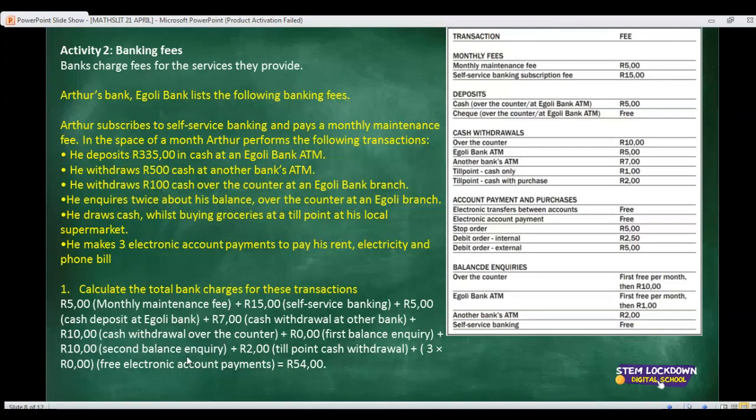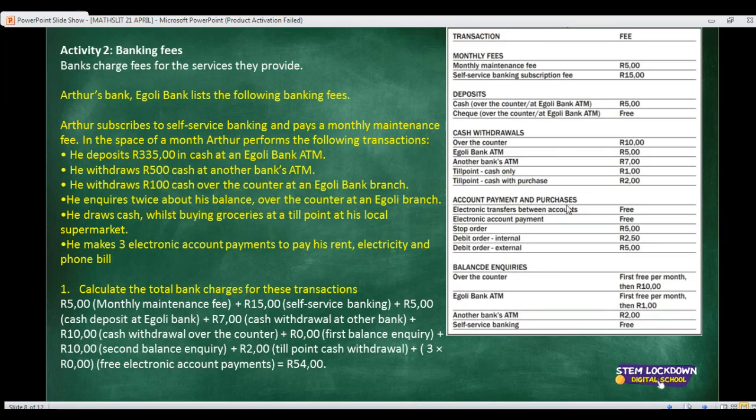And then the third one is the 2 rands fee for the cash withdrawal he did whilst buying groceries. Again, this information is available on our right. So charge him 2 rands. Plus 3 multiplied by 0 rands. Why? It means they do not charge for electronic account payments.